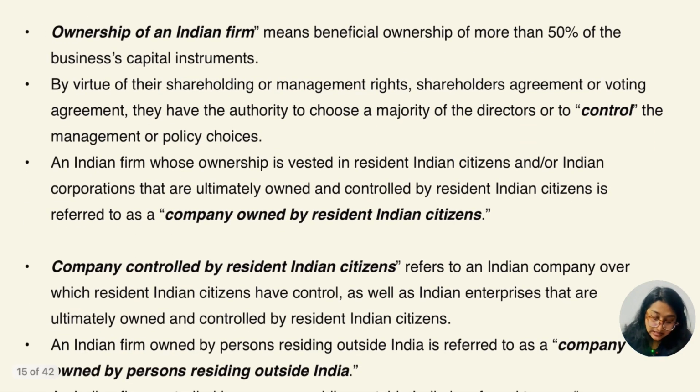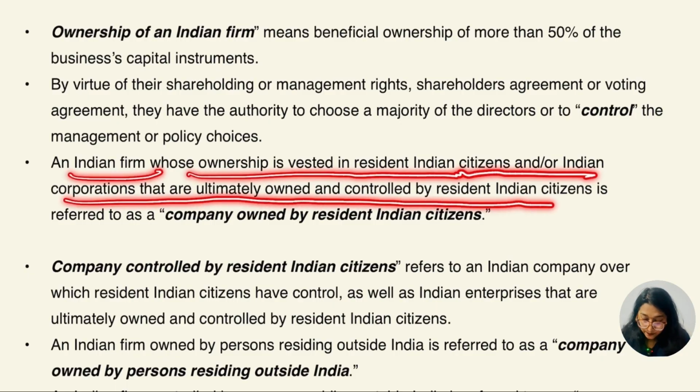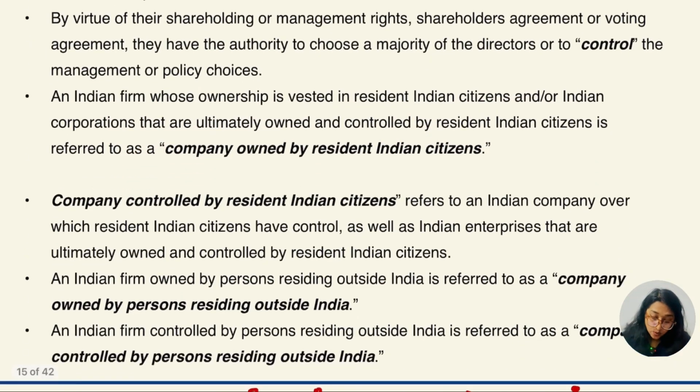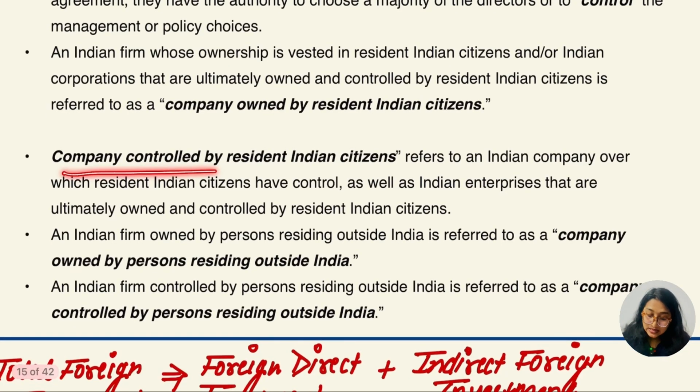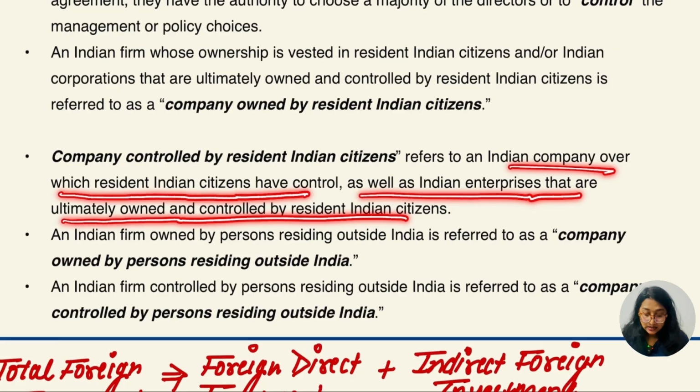Second, an Indian firm whose ownership is vested in resident Indian citizens or Indian corporations that are ultimately owned and controlled by resident Indian citizens is referred to as a company owned by resident Indian citizens. Second, a company controlled by resident Indian citizens refers to an Indian company over which resident Indian citizens have control, as well as Indian enterprises that are ultimately owned and controlled by resident Indian citizens.